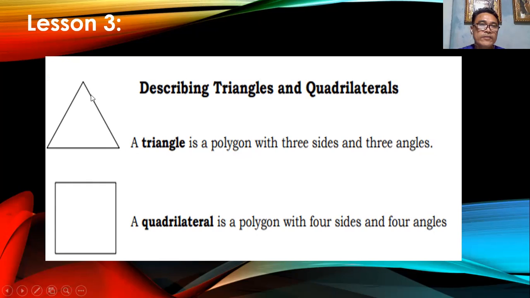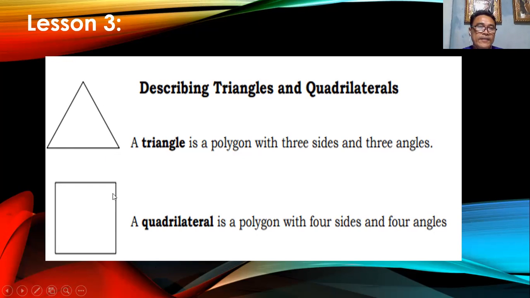Let us count: 1, 2, 3. So a triangle has 3 sides and 3 angles. Let's count: 1 angle, another angle, and another angle. So 1, 2, and 3.